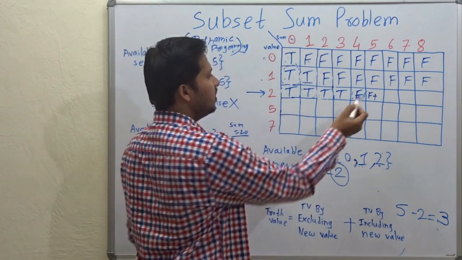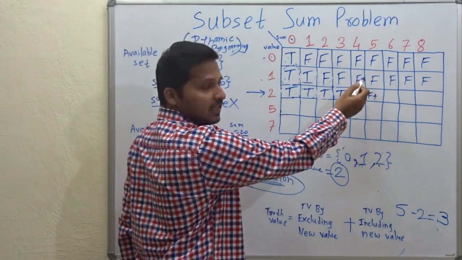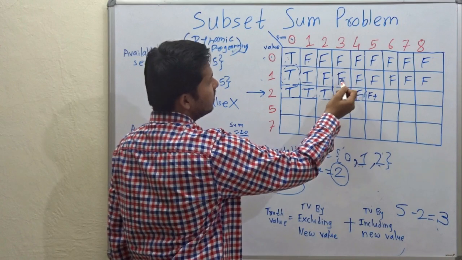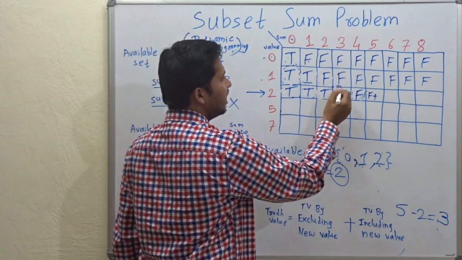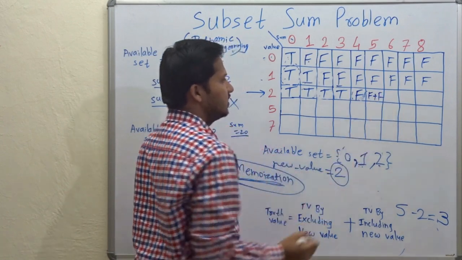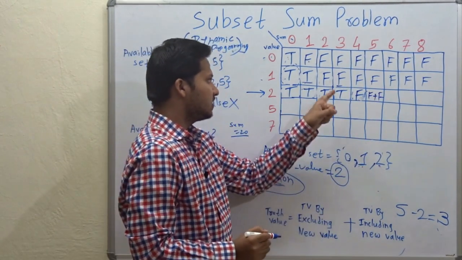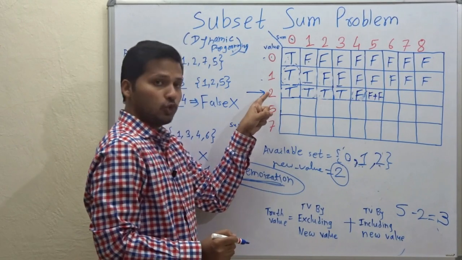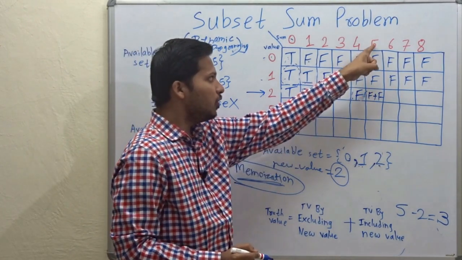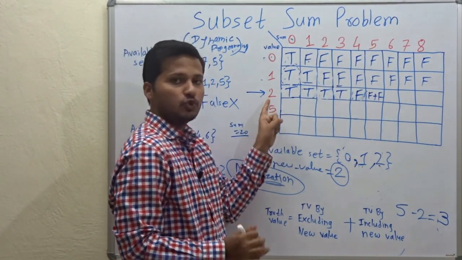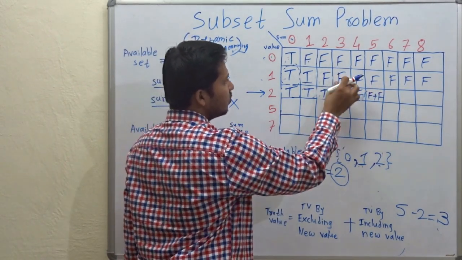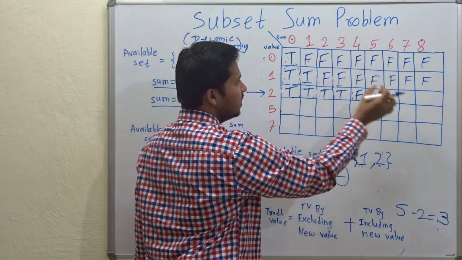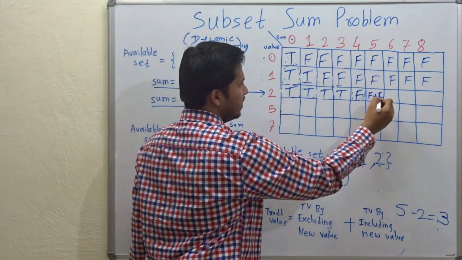Now go to the upper row, to the third column, and see the value there, that is false. Just subtract the row value 2 from the column value 5. 5 minus 2 is 3. In the upper row, go to the third column and copy the value from that column into this cell here.